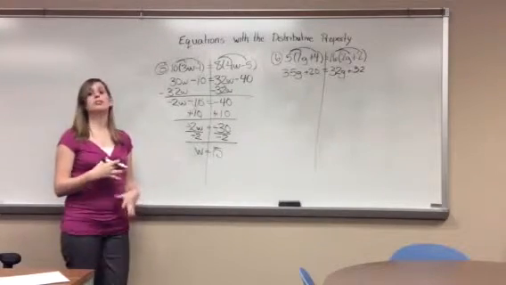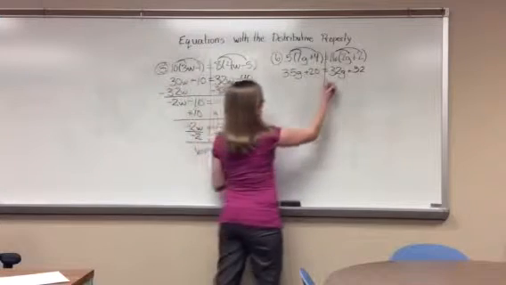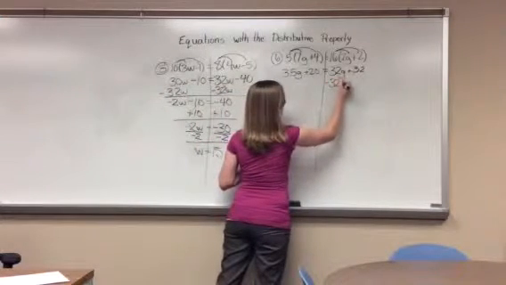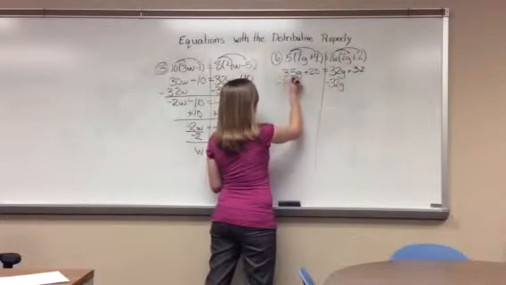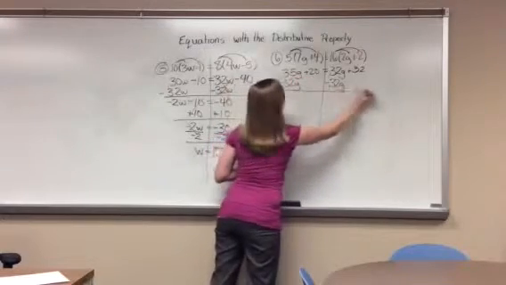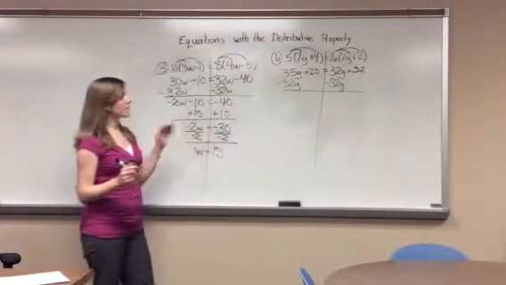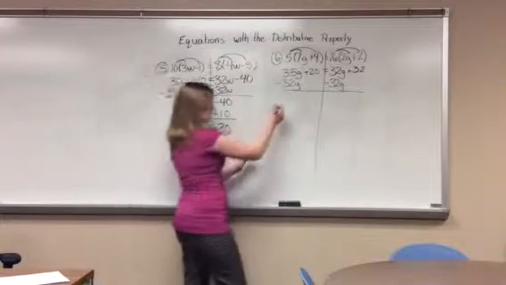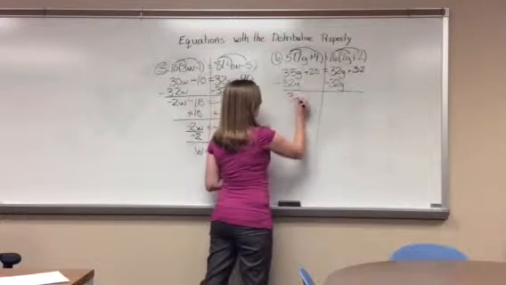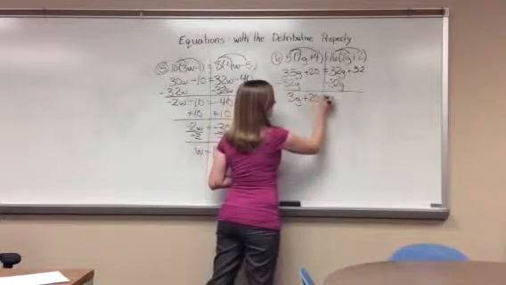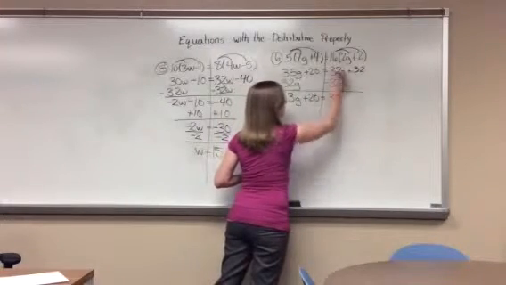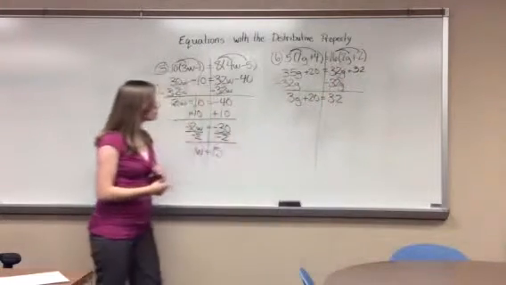To do that, I'm going to subtract 32g on both sides. 35g minus 32g is 3g plus 20 equals 32. These 32g's cancel.